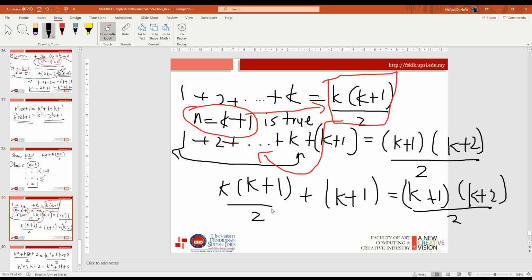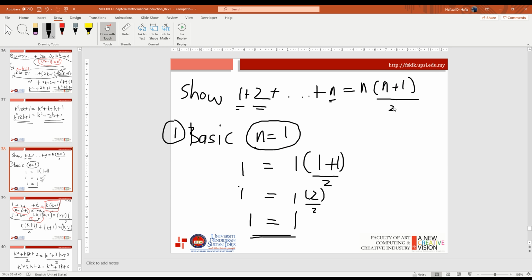Okay, we assume n is equivalent to k, and then to show n is equivalent to k plus 1, we replace. To show, we need to replace. And then here we can find k times (k plus 1) divided by 2 plus k plus 1 is equivalent to (k plus 1)(k plus 2) divided by 2, because of here, k plus 1.